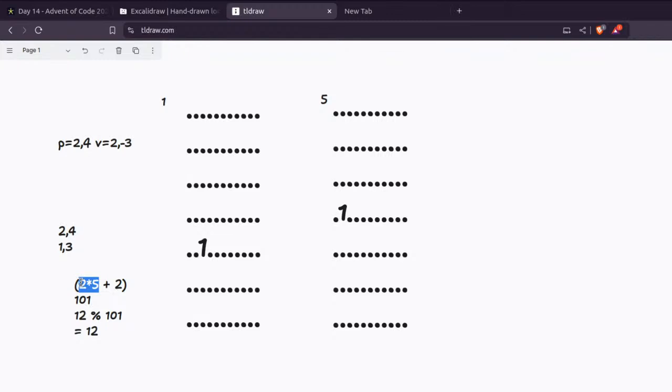Hmm. So 2 times 10 will be 10 plus 2, 4, 101, and 12 mod 101 will be 12. So how do we do this?